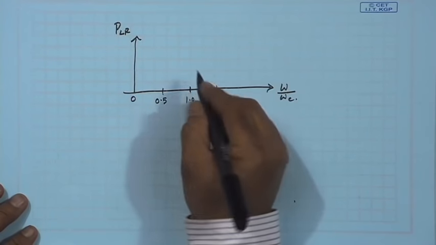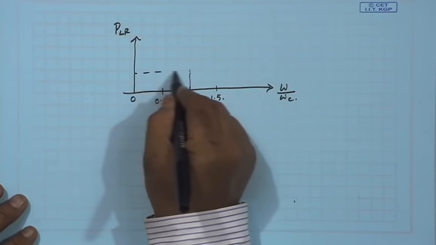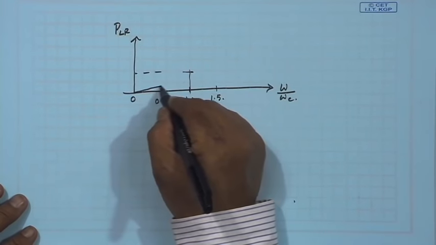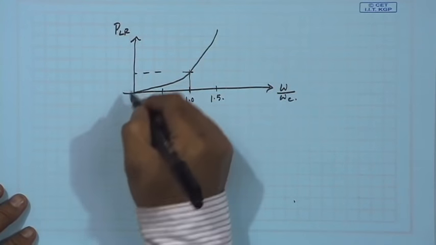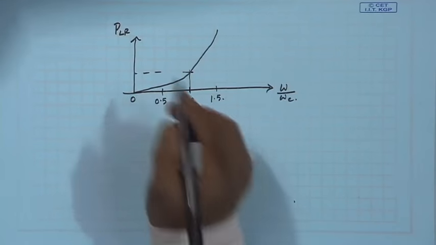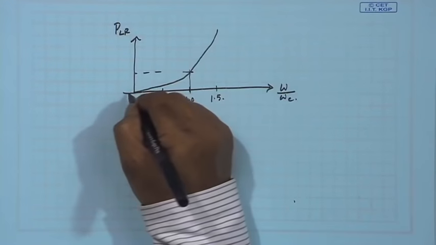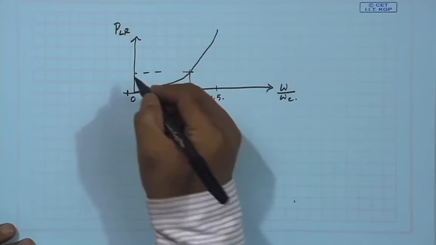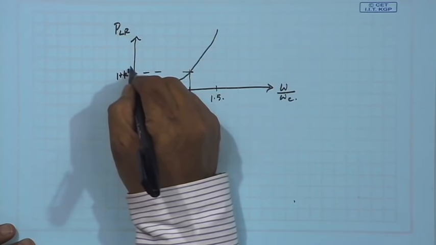So, this is the point where cutoff will take place, and what is the value at 0? Let us also see at 0 what is PLR, this is 1. So, PLR is 1 here, and at cutoff this value is 1 plus k square.